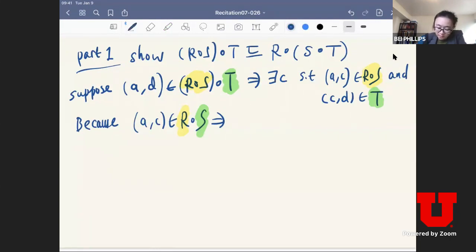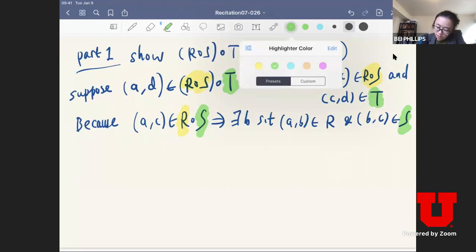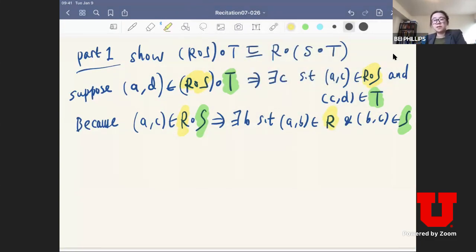So what I can say is there exists an element B such that A of B is in R and B of C is in S. This is again just applying the definition of composition of relations, right? If this belongs to a composition, that means there's a middle element to connect them. That's really what this means.